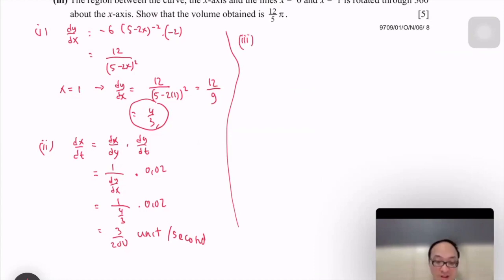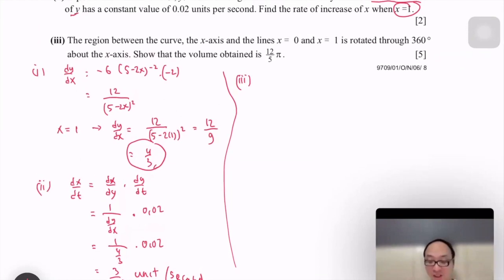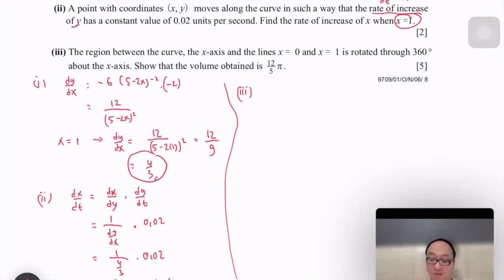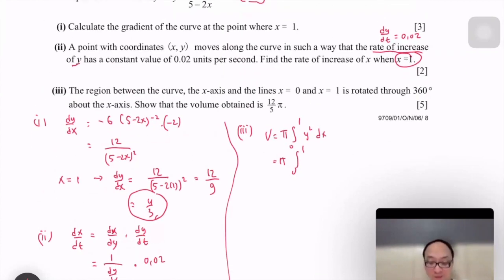And the third one: the region between the curve, the x-axis and the lines x equals 0 and 1 is rotated through 360 degrees about the x-axis, so that the volume obtained is 12/5 pi. The volume is the integral of pi y squared dx from 0 to 1, so pi integral 0 to 1 of (6 times (5 minus 2x) to the power of negative 1) squared dx.